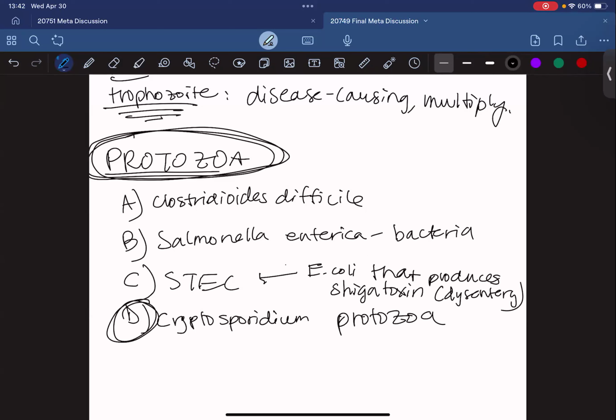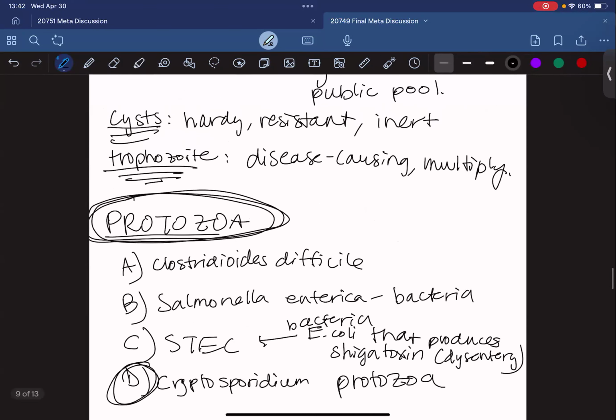Oh yeah, and E. coli, just to be clear, is a bacteria. Clostridioides difficile, also a cause of diarrhea associated with pseudomembranous colitis. This is a bacteria. It's endospore forming. But it is still a bacteria.